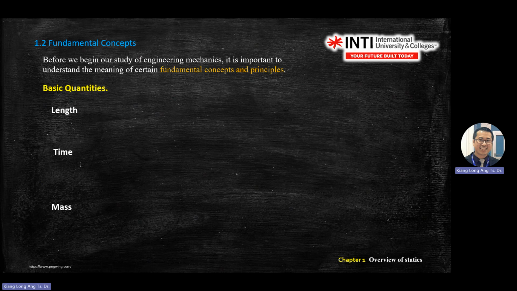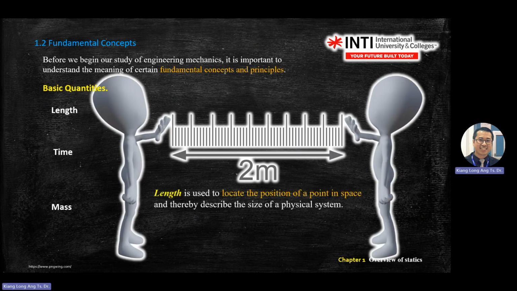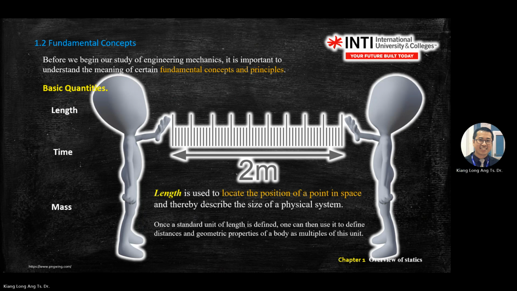So when you answer or when you give us your solution, try not to confuse between these two. So this one you know, length is what you see on the screen. Okay, so the standard way we write length is in the unit of meter.